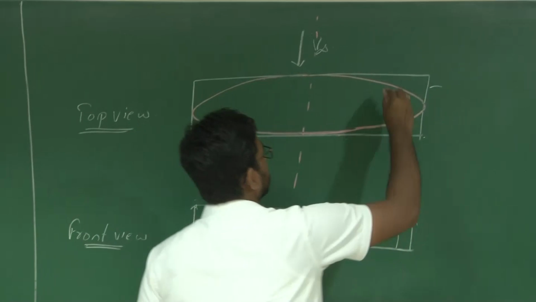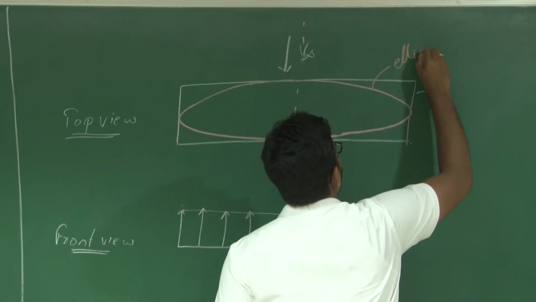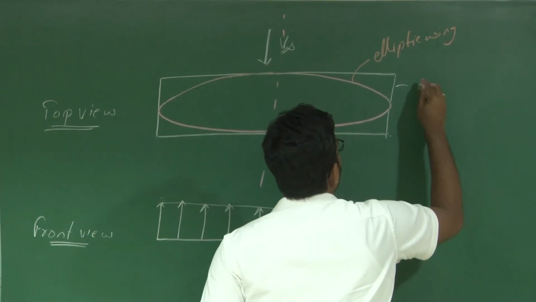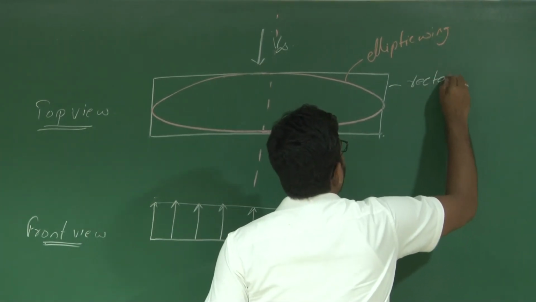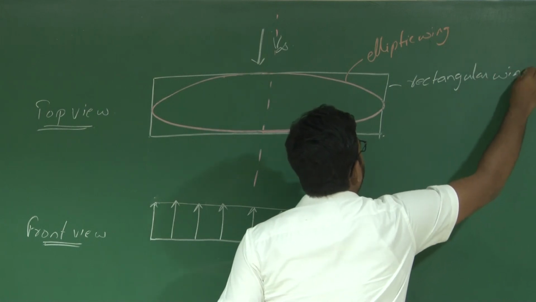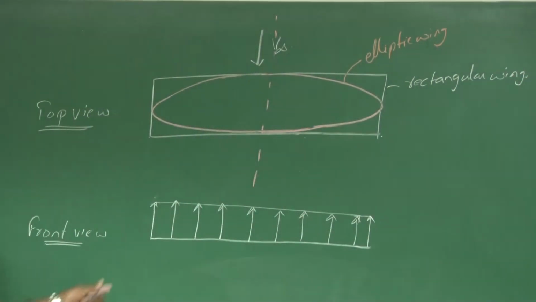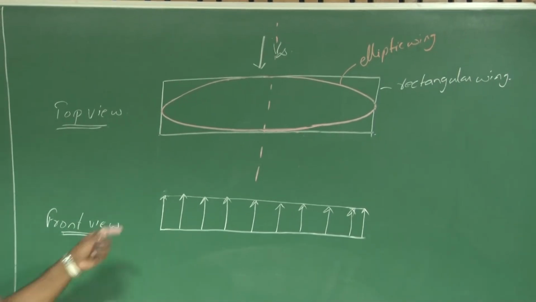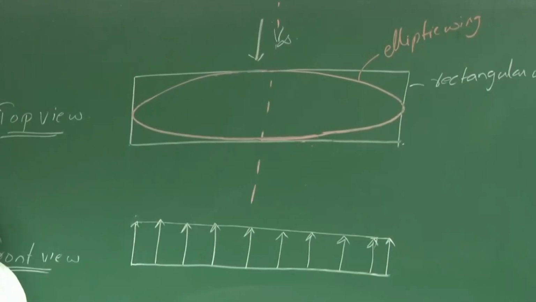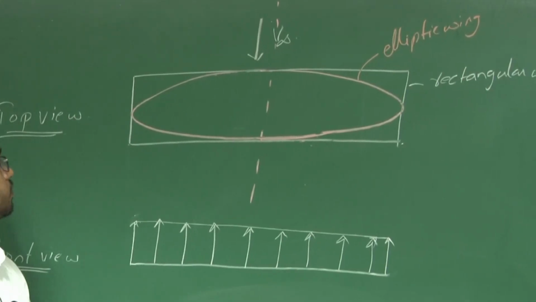So instead of a rectangular wing, now let us consider an elliptic wing. So this is your rectangular. How did you get this lift distribution? At each and every span-wise location, you have an aerofoil with the respective pressure distribution, right?